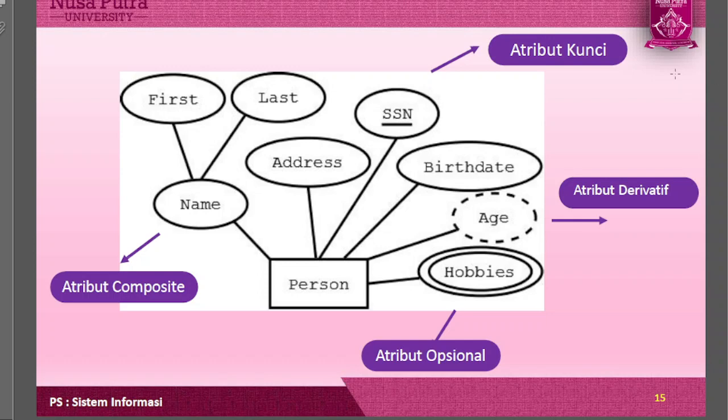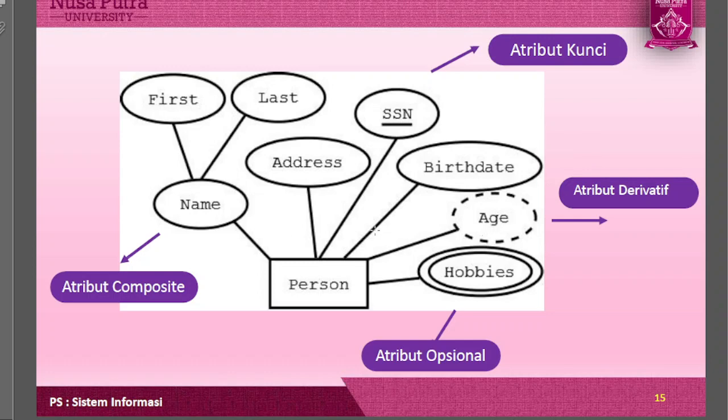For example, here the database wants to call the person. How to call the person? The solution is you have to call the SSN, because without the SSN you can't call the person. Okay, understand?